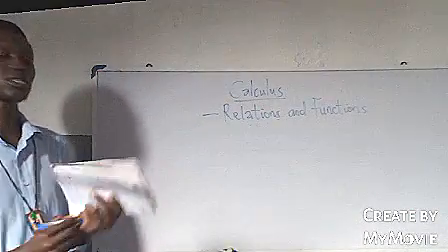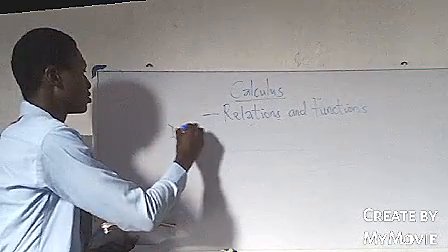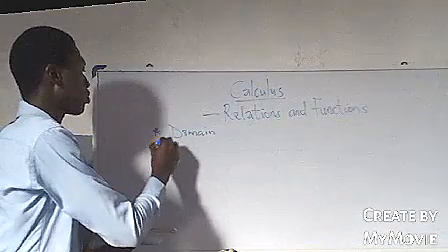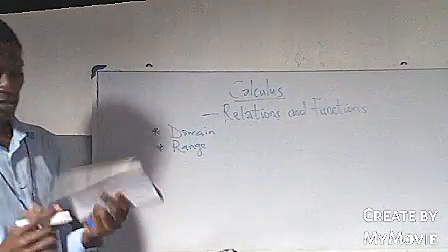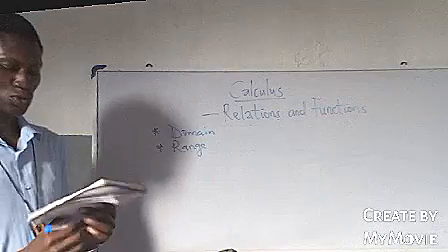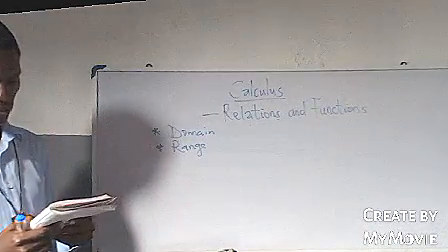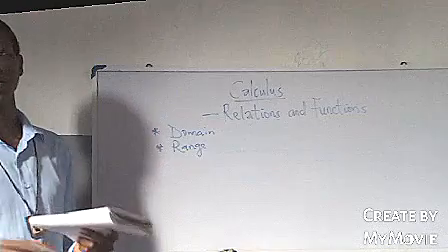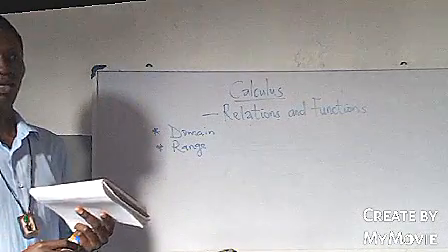And one of those things is what we call domain, and the second one is what we call range. Now, the domain is actually the set of all inputs or first values of a function.